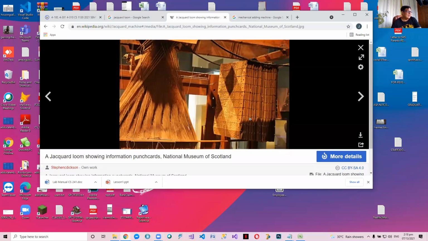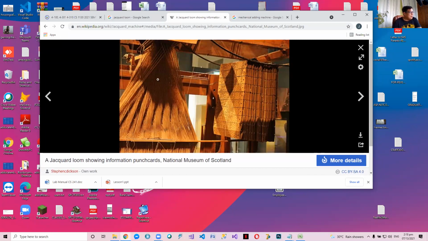If you have threads and you have looms, they are inserted into a series of sequential cards with designated holes, and then the output will be a fabric with a design. Do you follow? Merong design because the pattern of the holes will determine the design.